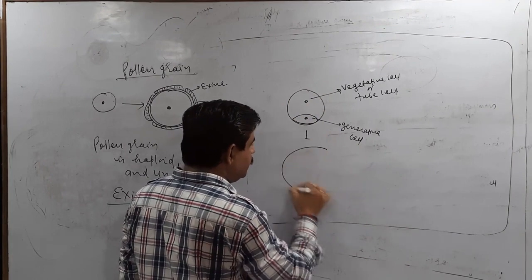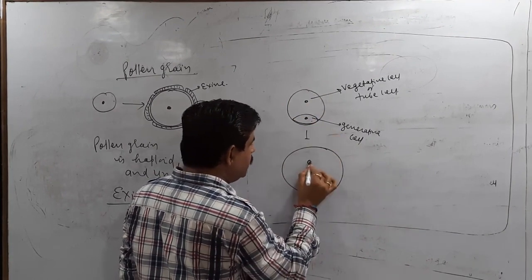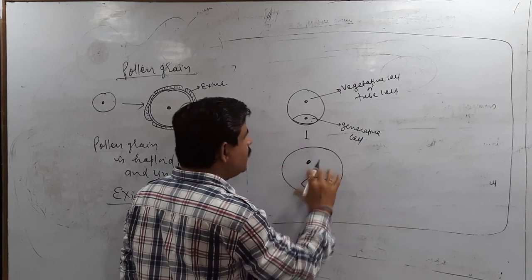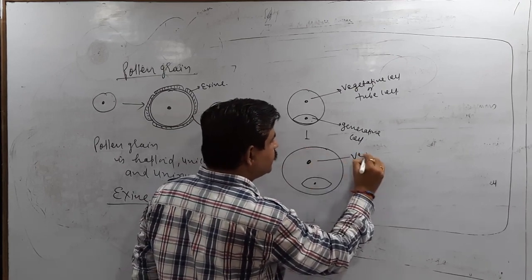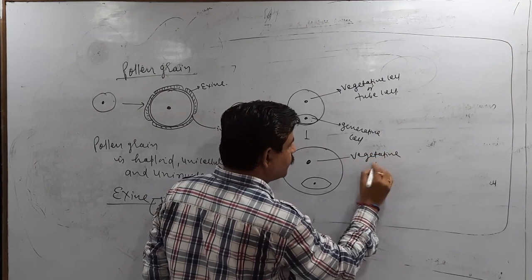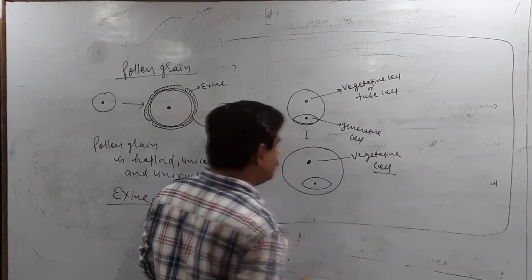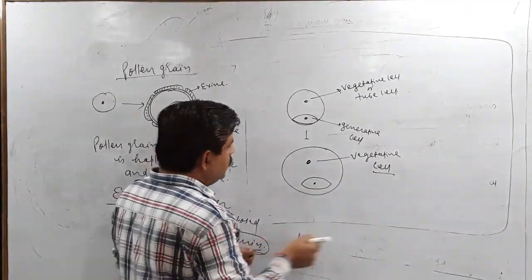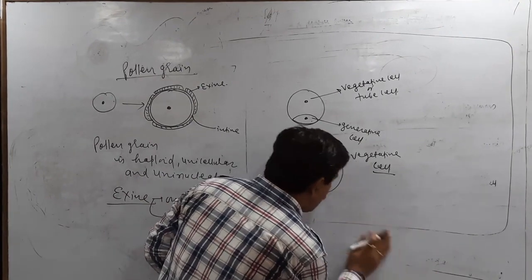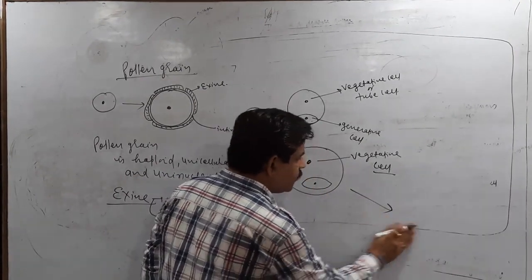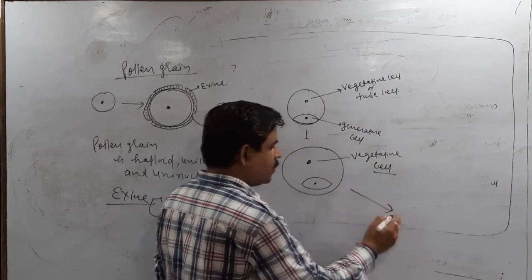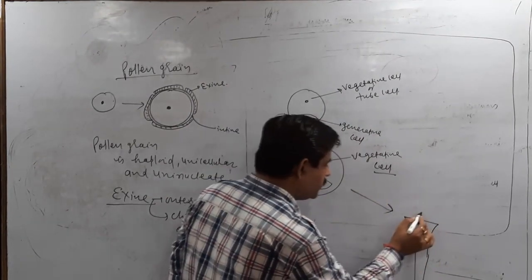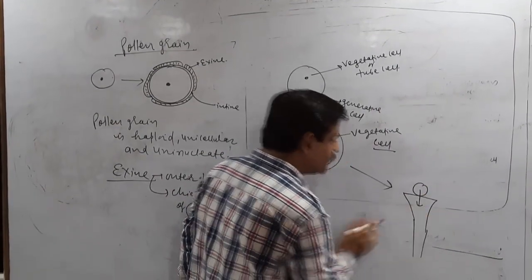The generative cell floats in the cytoplasm of the vegetative cell. After pollination, when the pollen grain reaches the stigmatic surface, it starts germinating.